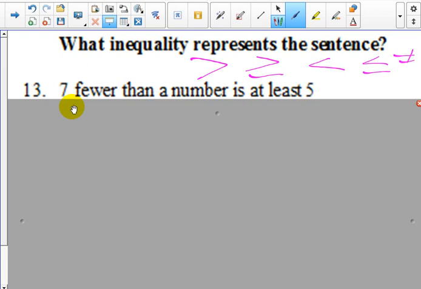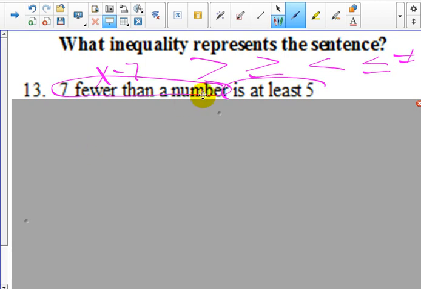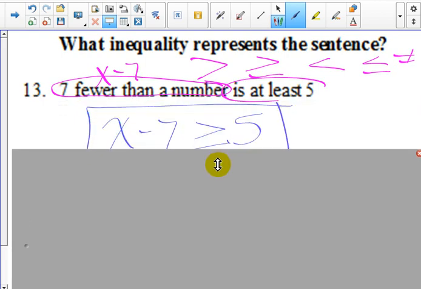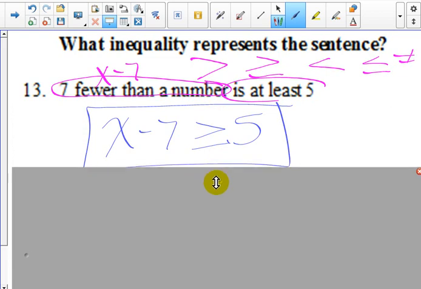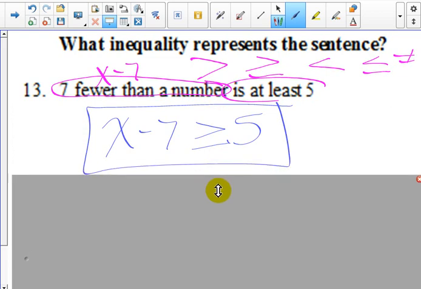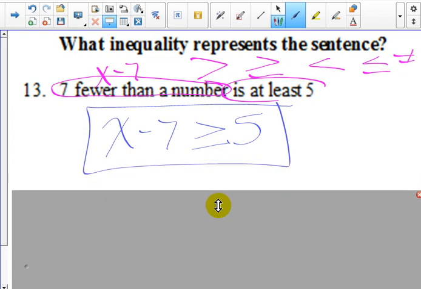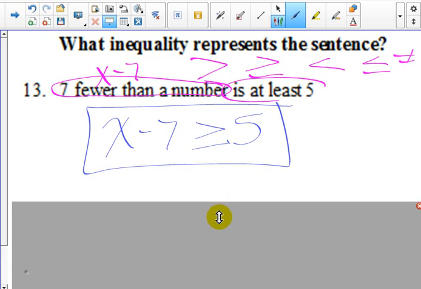So 7 fewer than a number, we've already learned that that's going to be x minus 7, is at least 5. So at least we represent with the greater than or equal to 5. So there it is. 7 fewer than a number is at least 5. So it means it's greater than or equal to 5. That's our answer.